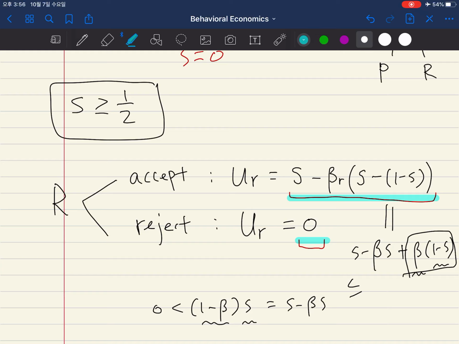So responder is going to accept the offer. This basically means if proposer offers more than half to responder, then responder is always going to accept the offer, never reject. This sounds very intuitive. And now let's think about the other possibility.